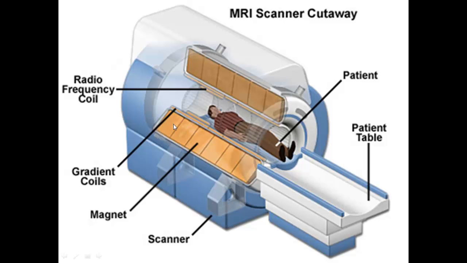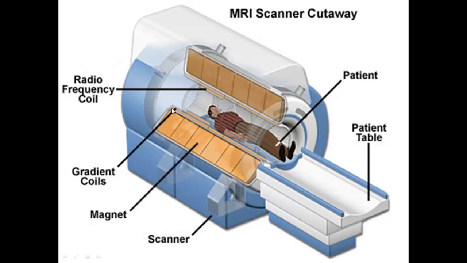We then have a set of gradient coils which are able to produce a non-uniform magnetic field within this region. And we use these gradient coils to slightly increase or slightly decrease the magnetic field just in one region within the person that we're going to scan. So let's say we're doing a brain scan.